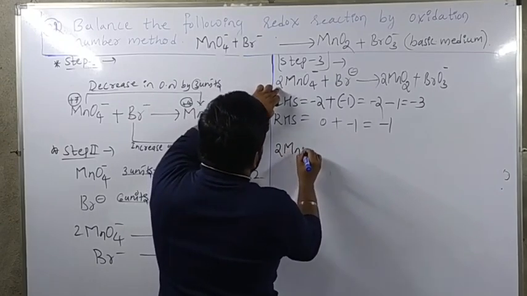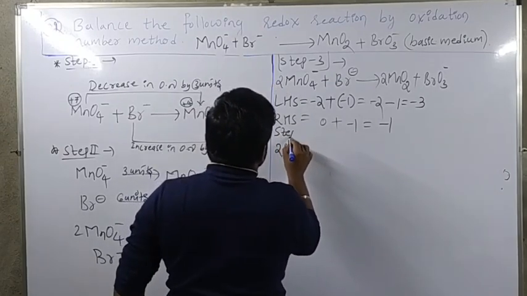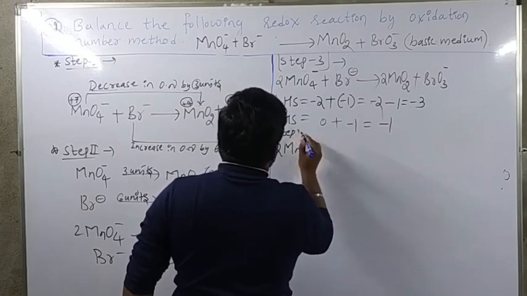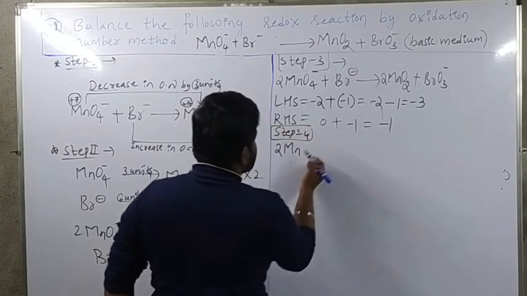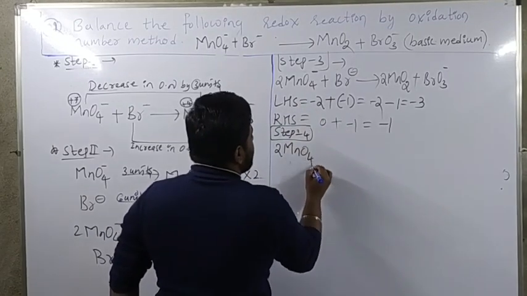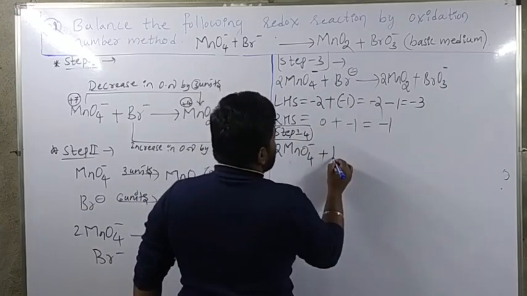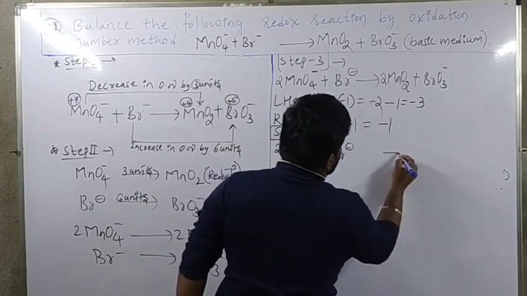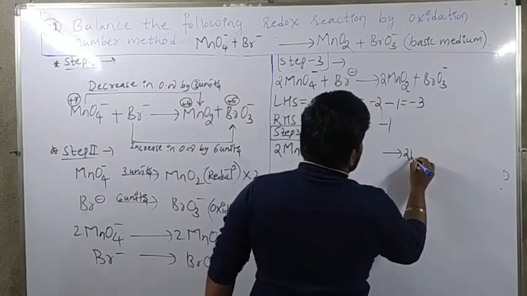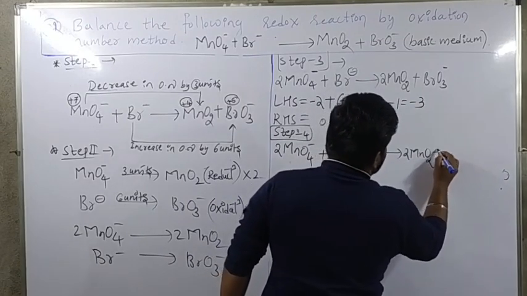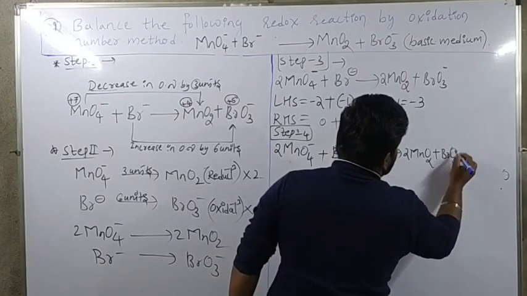This is step 4, guys. Last step. MnO4 minus plus Br minus gives rise to what? 2 MnO2 plus BrO3 minus.